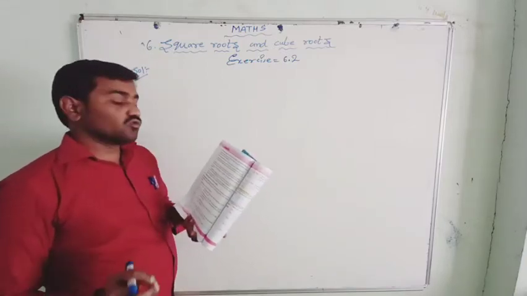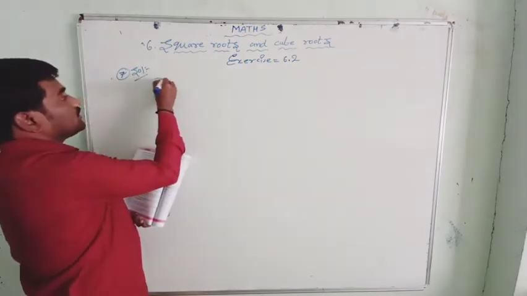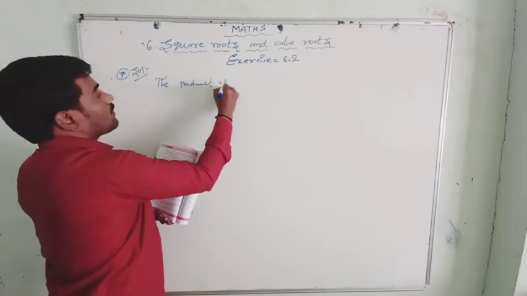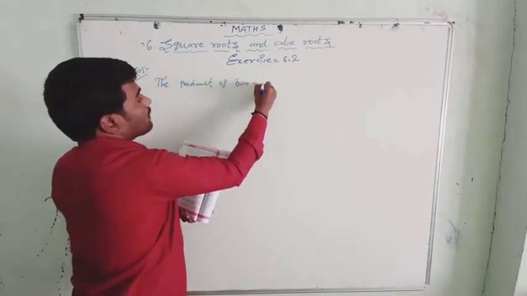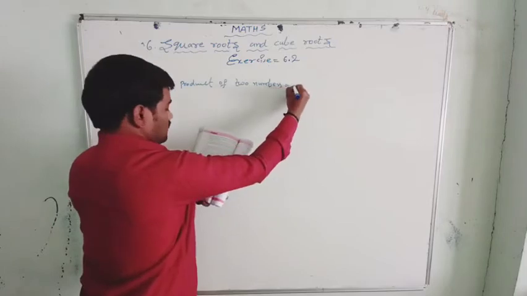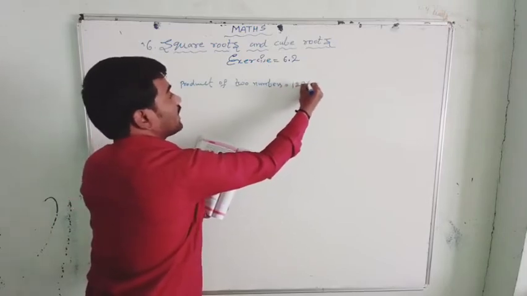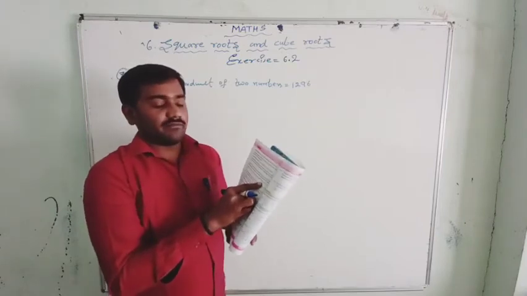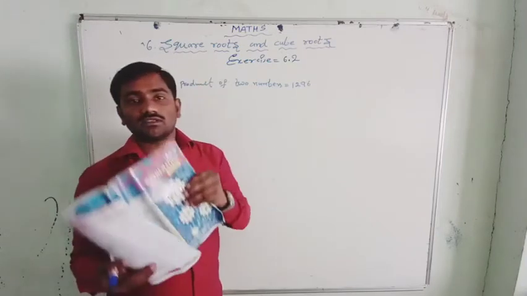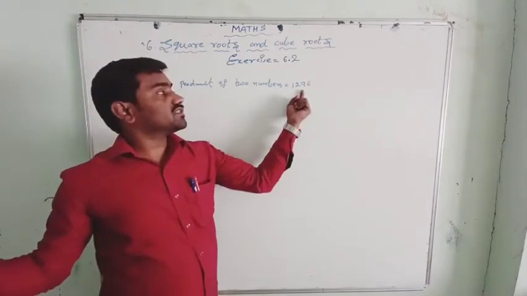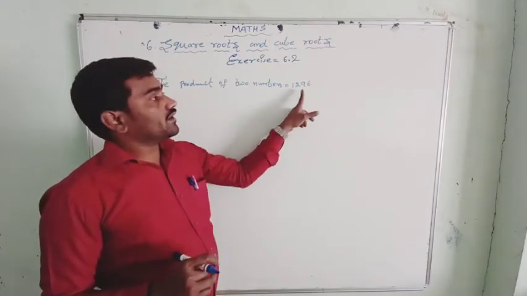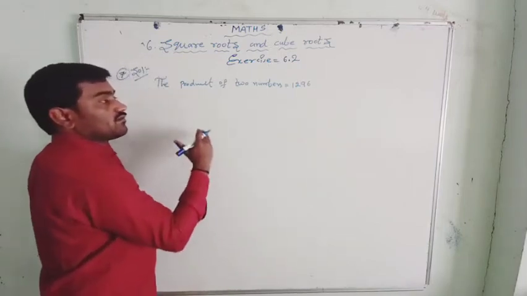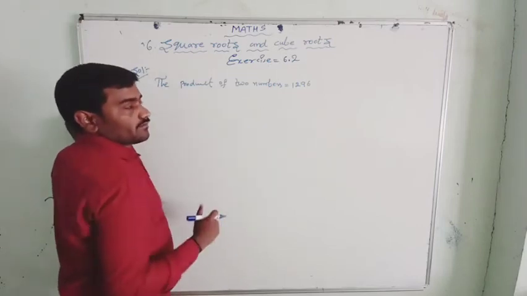Here the product of two numbers is 1,296, and one number is 16 times the other one. So find the two numbers. The two numbers are not given, but one number is 16 times the other number.